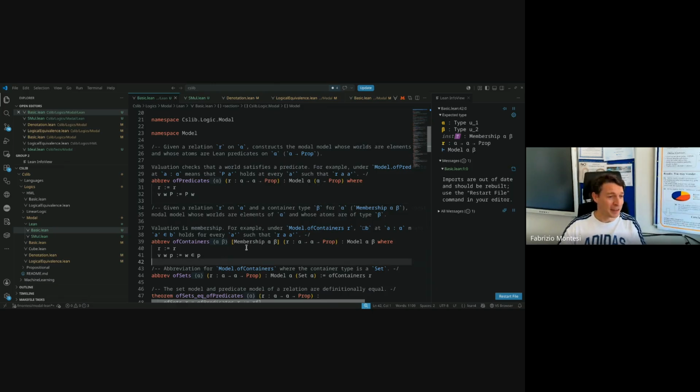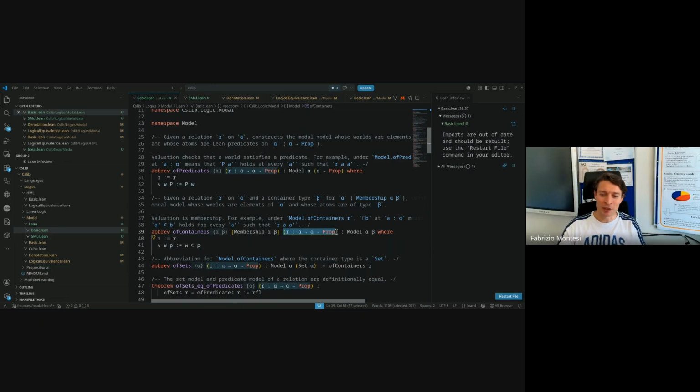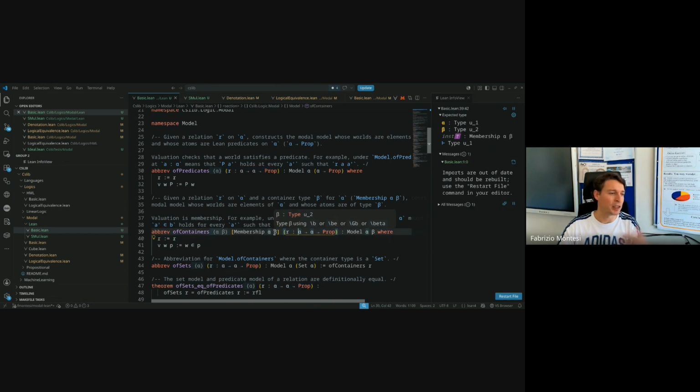Once you discover how to do that, it becomes very easy to do a model of sets. You give me a relation, and atomic propositions are containers of these elements of alpha. For example, a beta could be a set of alpha, but it could also be a list, whatever it is.